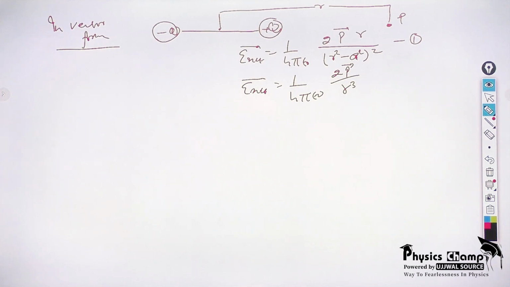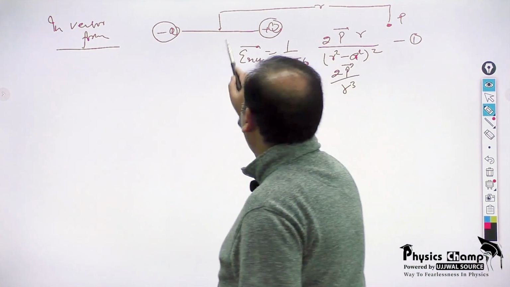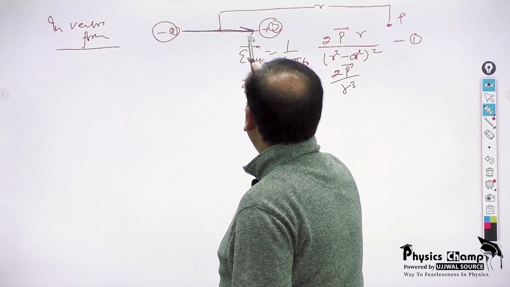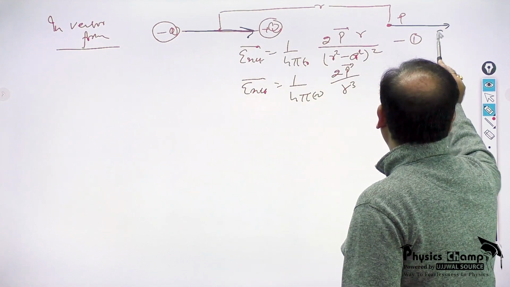So in this axial position, if the dipole moment was in this direction, the net electric field is also in the same direction.